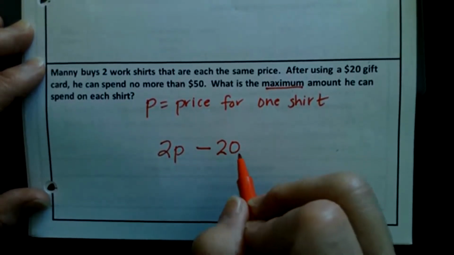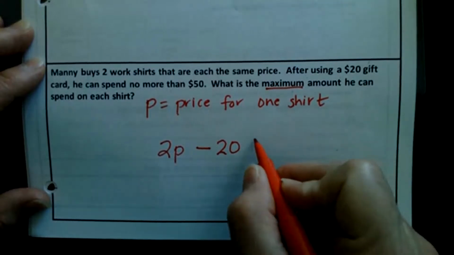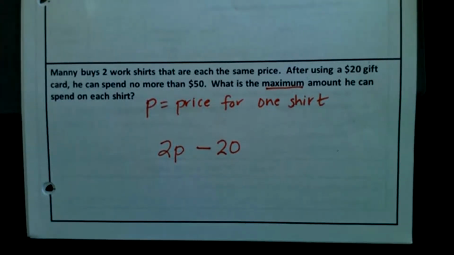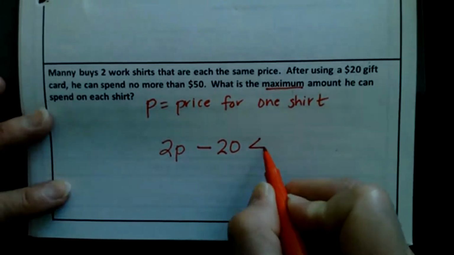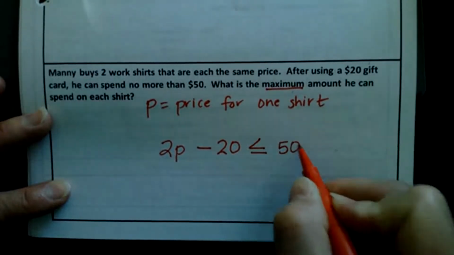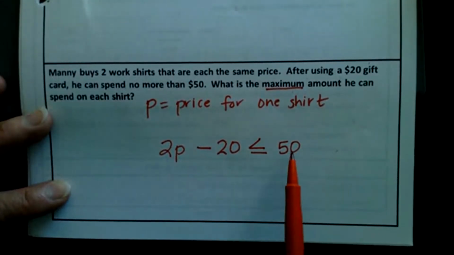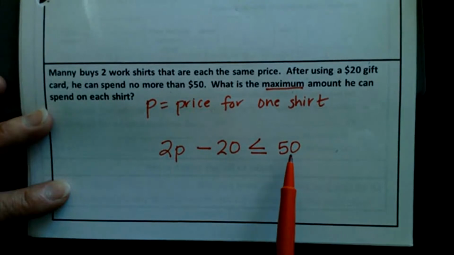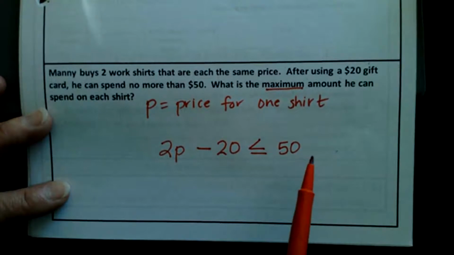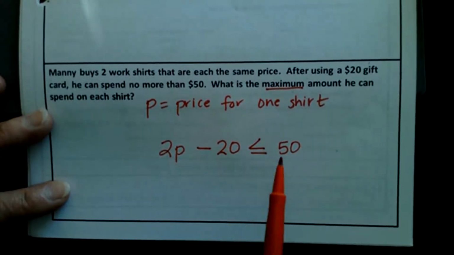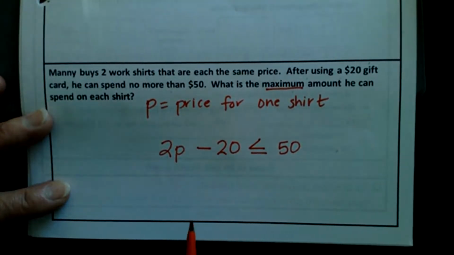All of that is basically going to be greater than or equal to 50, right? So the reason that, actually not greater than, all of it's going to be less than or equal to 50. Here's why. 50 is the maximum amount he can spend, okay? So this total amount has to be less than or equal to 50, all right?